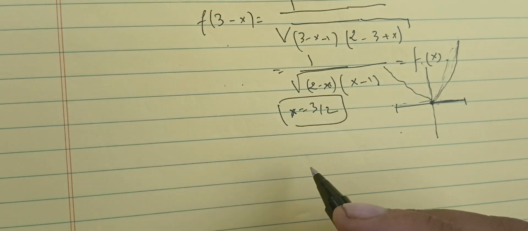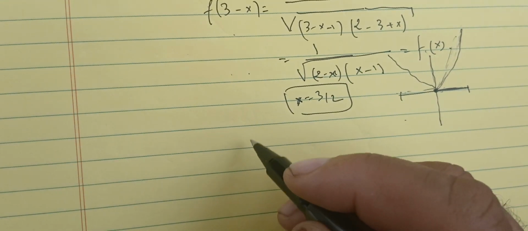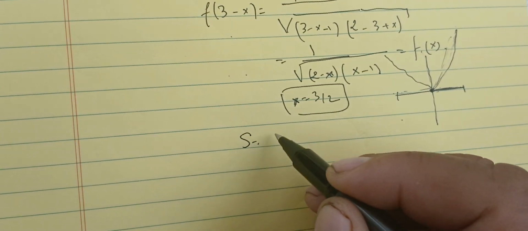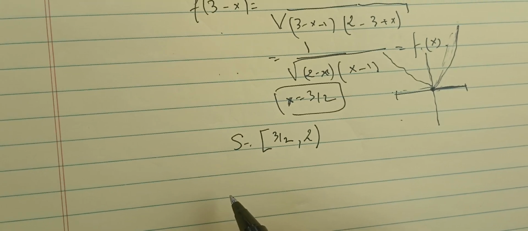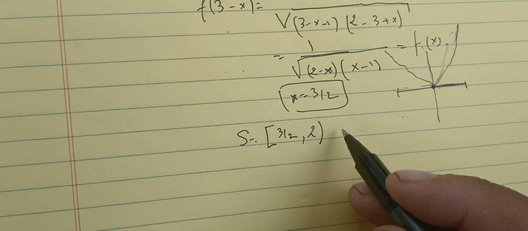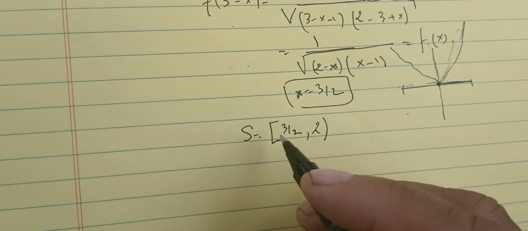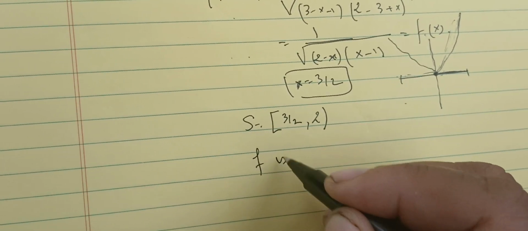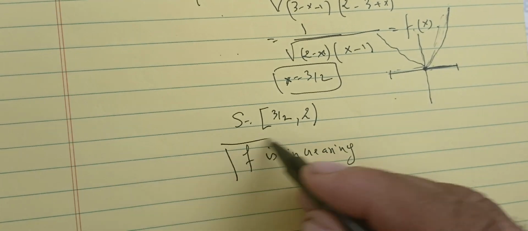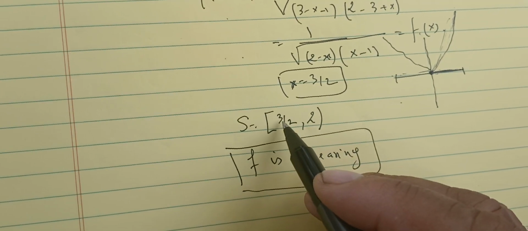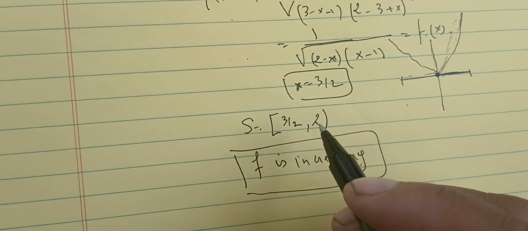Note that in this interval, 2 is not included. We clearly see, or we can easily prove it, that our function f is increasing on this interval [3 over 2, 2).